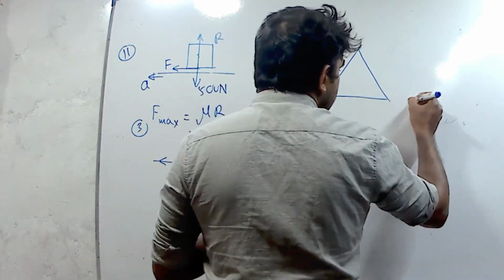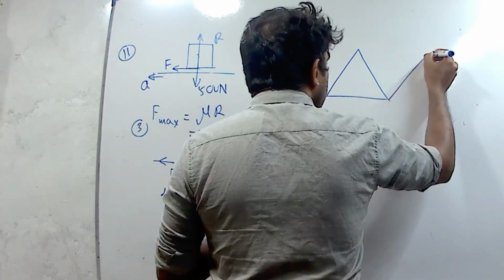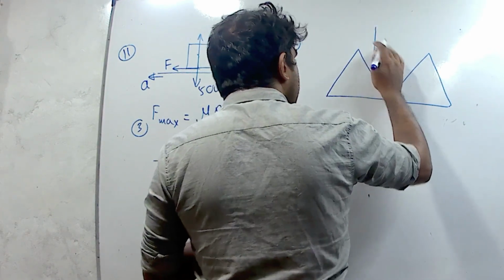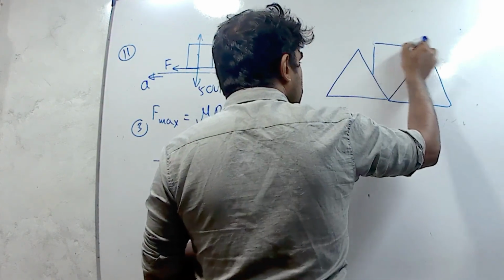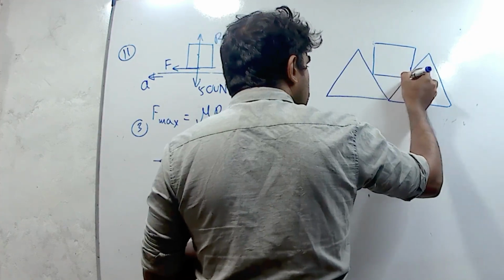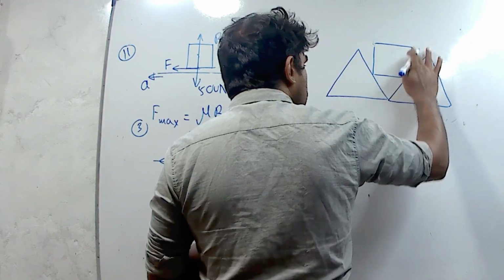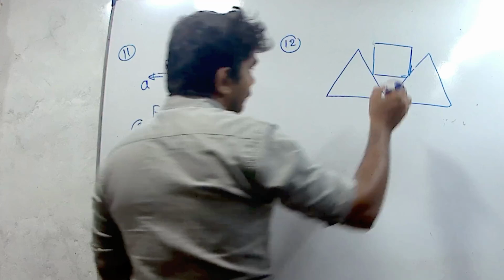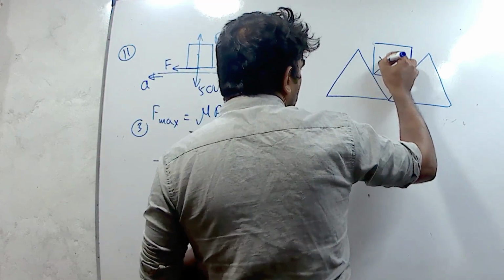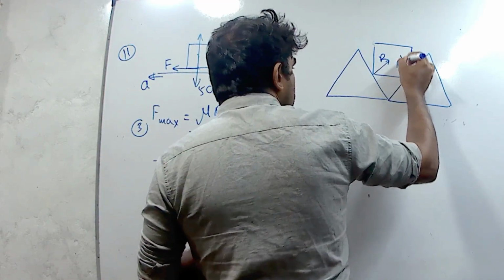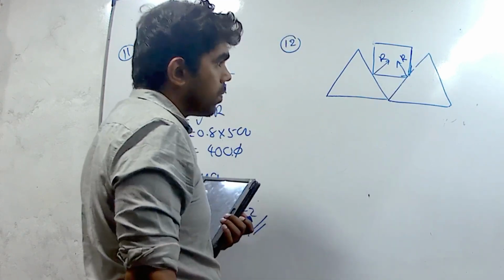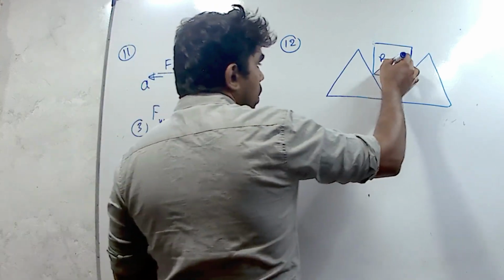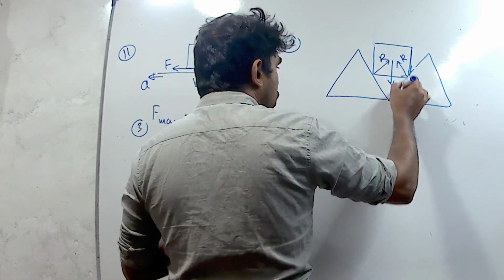There are two wedges and there is a block like this. There are two forces on the block due to the wedges, the same reaction R, and we can mark the weight of the block Mg.